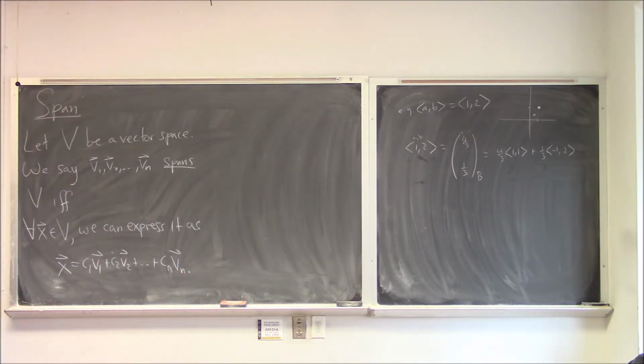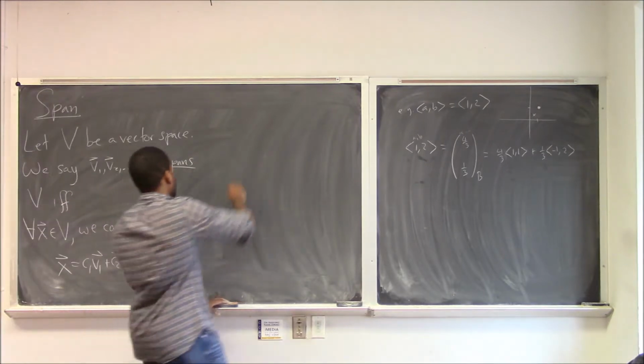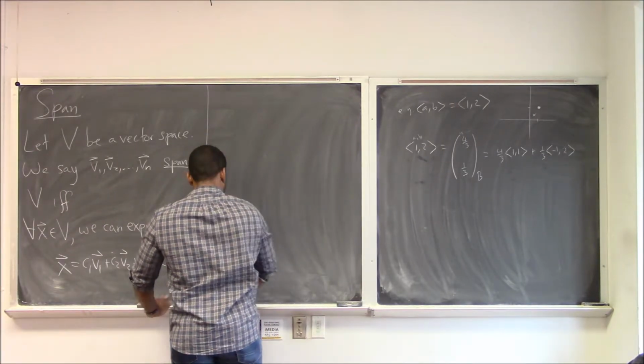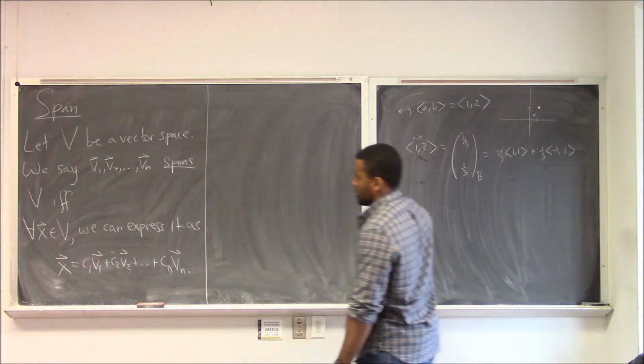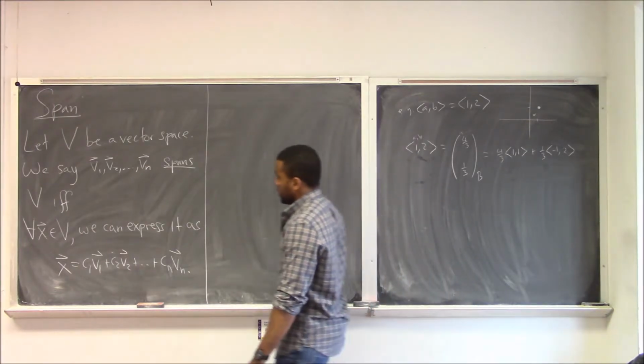And in that case, we say that these vectors span this set. So that's what it means to span something.